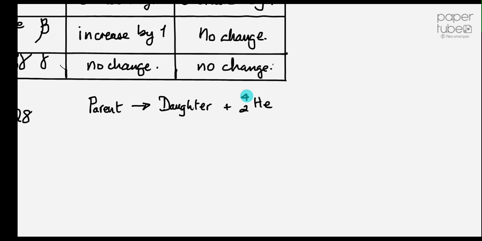And these numbers add up to give you that number. So if I put A and Z there, then this one has to be Z take away 2. Z take away 2, add 2 gives me Z. A take away 4, add 4 gives me A. That's the general equation. Fair enough?